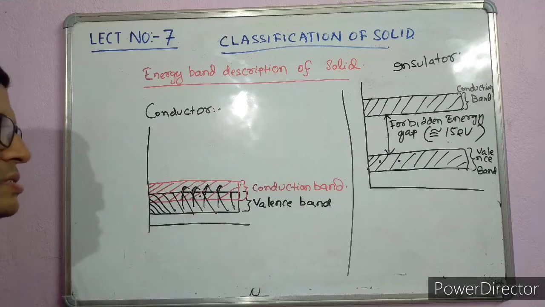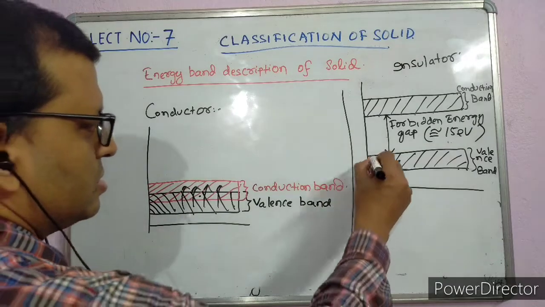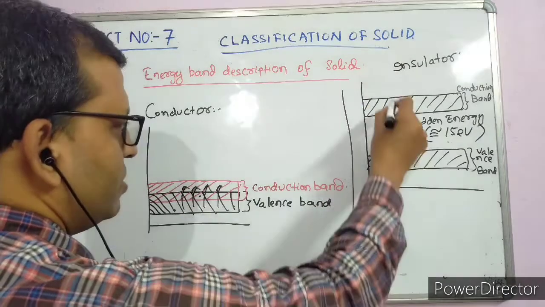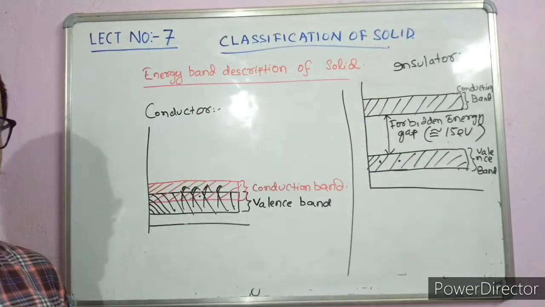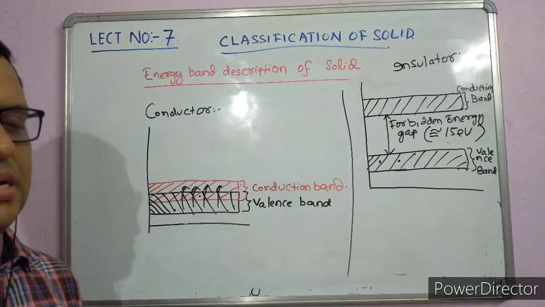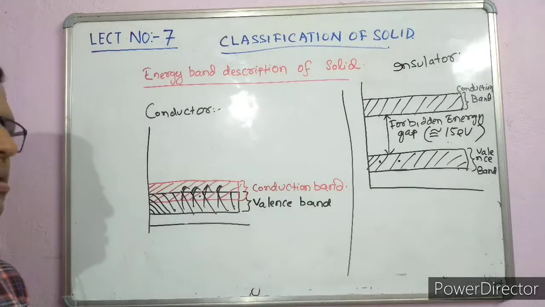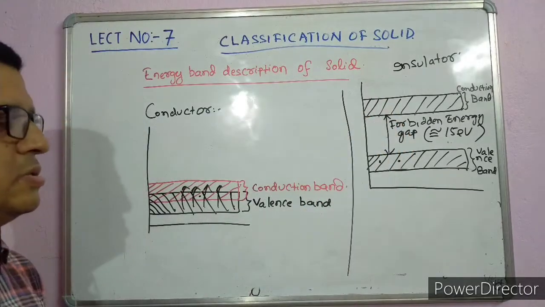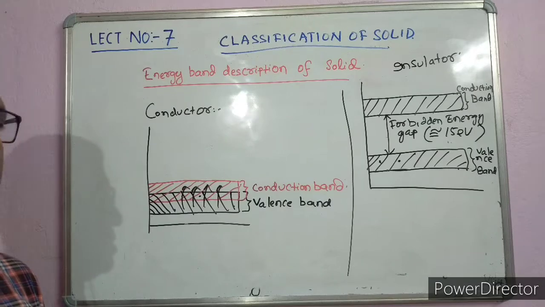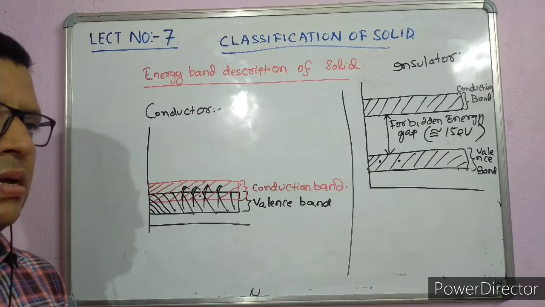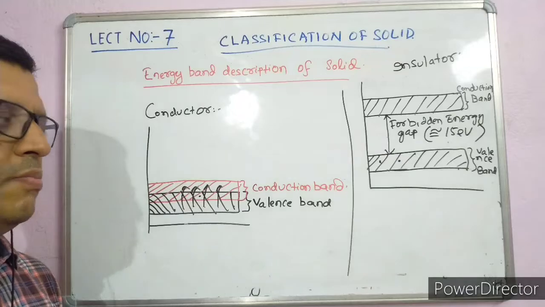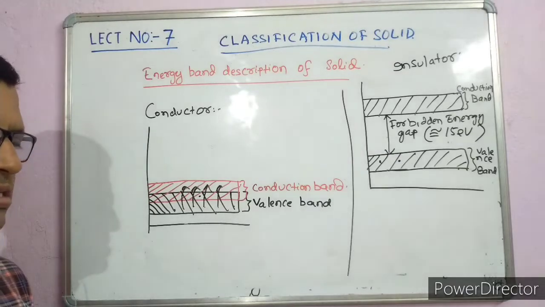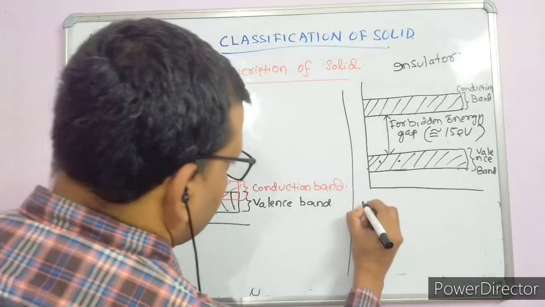So insulators also start conducting to some extent, because some of the electrons will be available over here. So that is why insulators have a negative temperature coefficient of resistance.